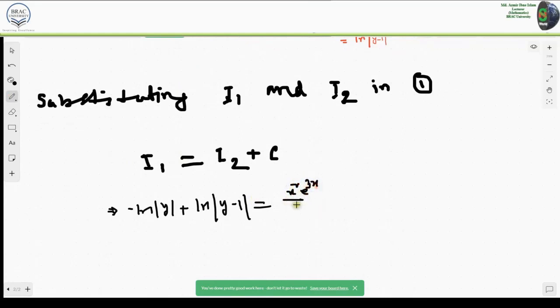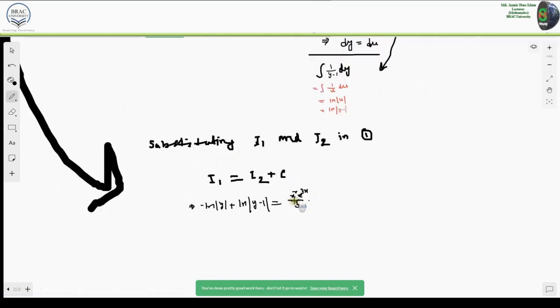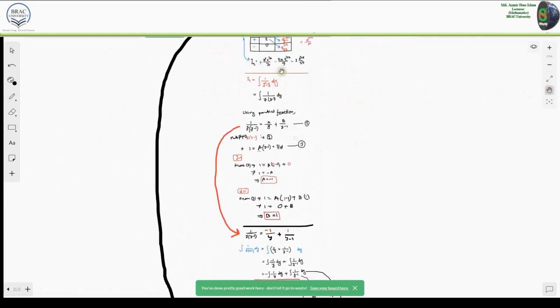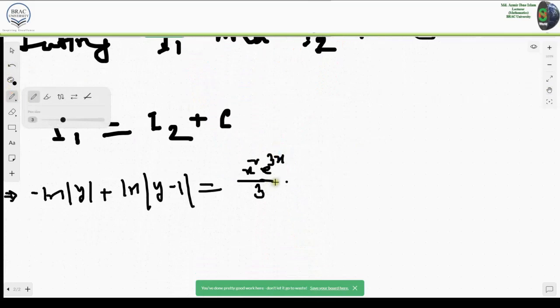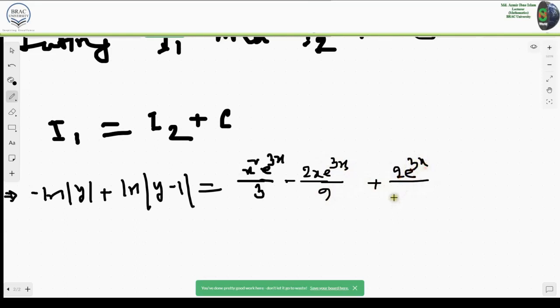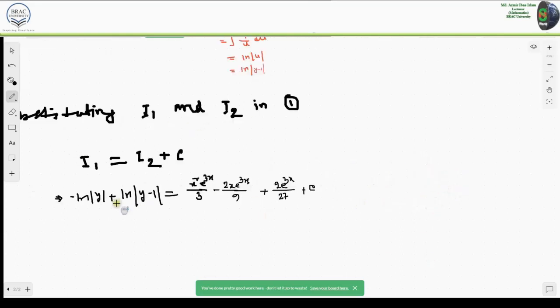x square e to the power 3x by 3, negative 2x e to the power 3x over 9, positive 2 e to the power 3x by 27, plus c.